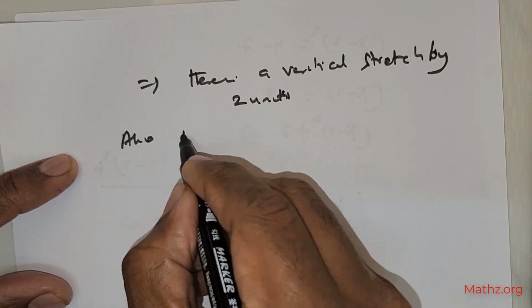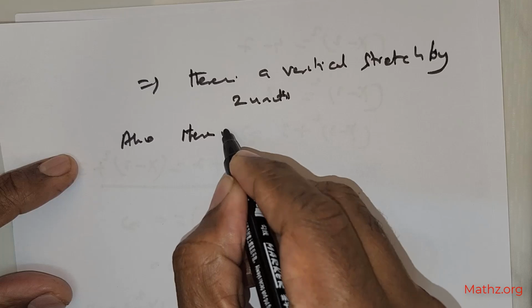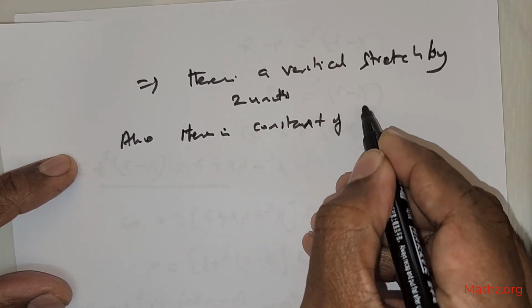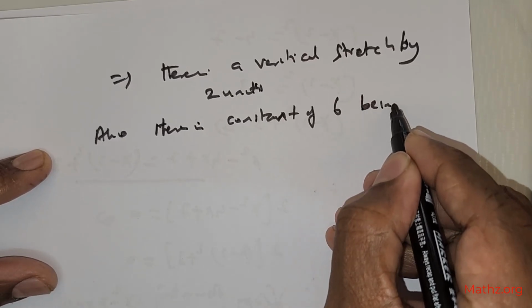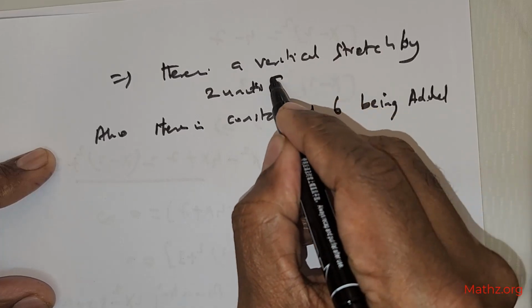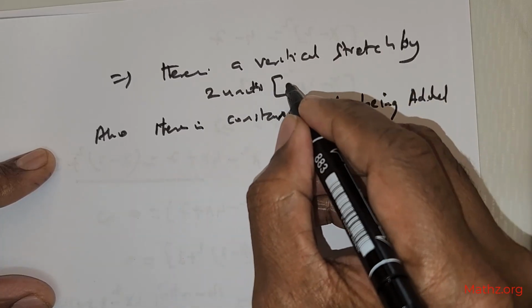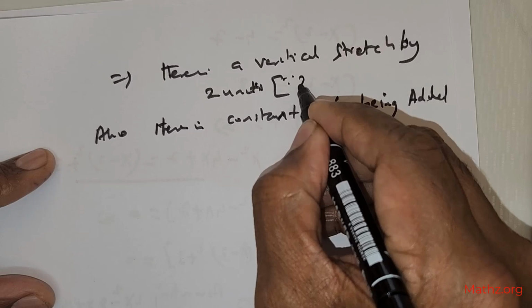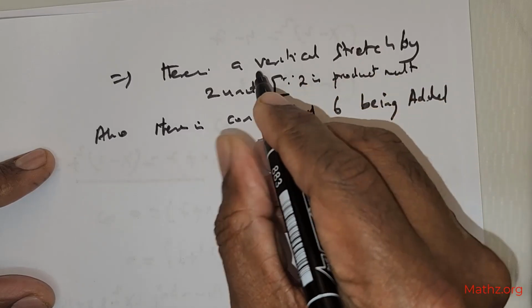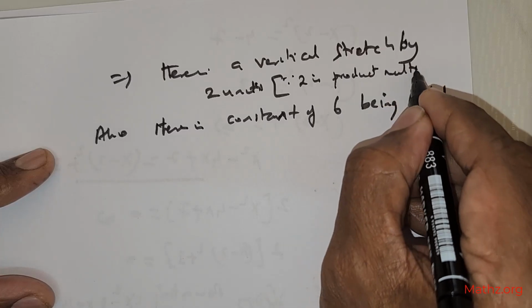Now also there is a constant of 6 being added. Now you can state one more line, since 2 is multiplied as a product. Okay, that is the reason we are talking about vertical stretch.